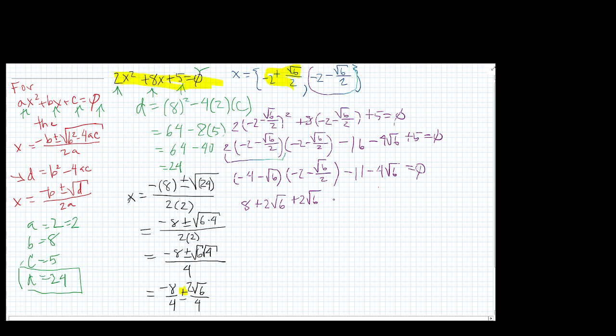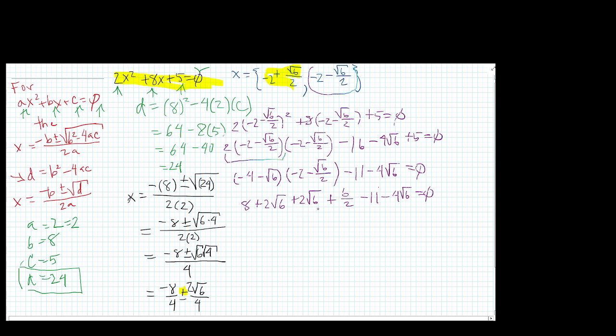And then you're left with a positive at the end. And then this is a 6 over 2. Minus 11 minus 4 square root of 6 equals 0. Okay?